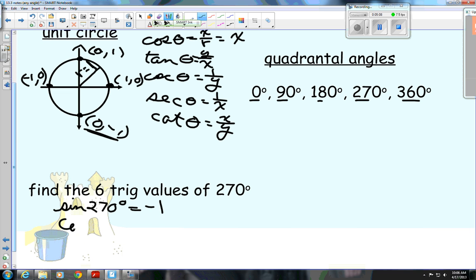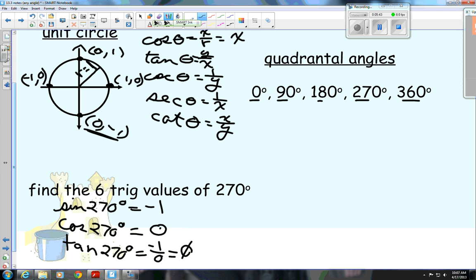Cosine of 270 degrees is x. So my x is 0, so that's going to be 0. The tangent of 270 degrees is y over x, or sine over cosine, so that's negative 1 over 0. If I divide by 0, that is undefined. If the zero's in the bottom, it's undefined.